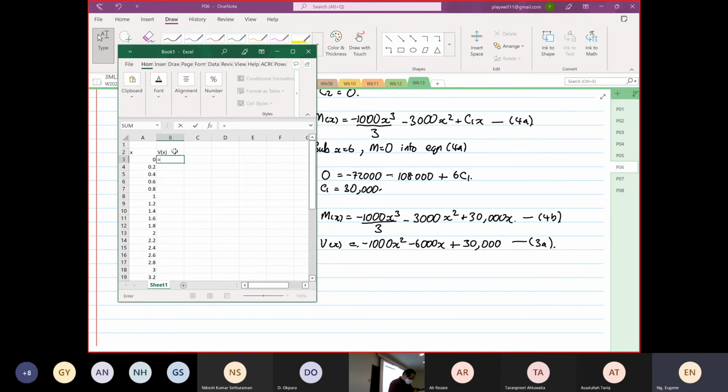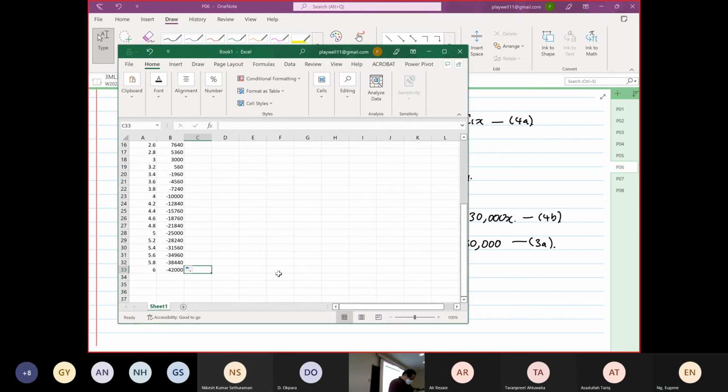So this will be minus 1000 times x to the power of 2, minus 6000 times x, plus 30,000. Okay, so we are going to grab the whole thing. So this is how your shear force will be distributed.